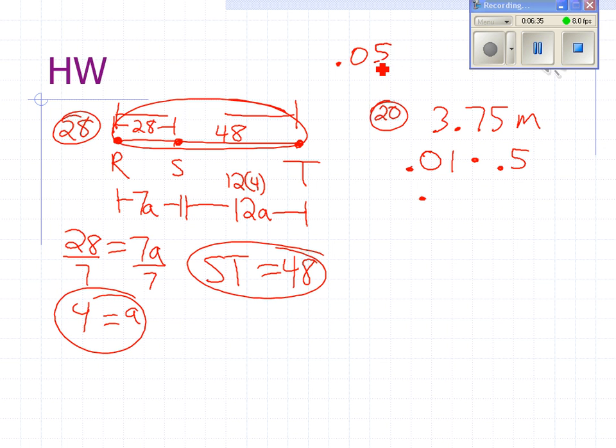Yeah, 0.01 times 0.5. What's 5 times 1? 5. How many places do you have behind the decimal? 2. And then a total of 3, so you have to move it over 3 places.